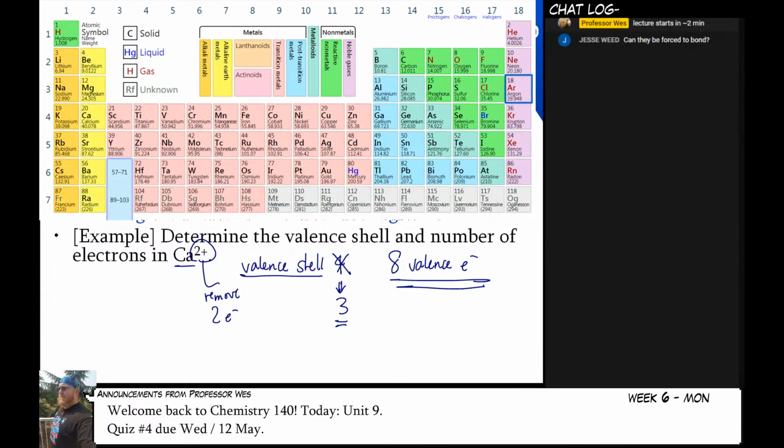The short version of that is if you ever land on 0, so if the valence electrons are ever 0, they become 8.